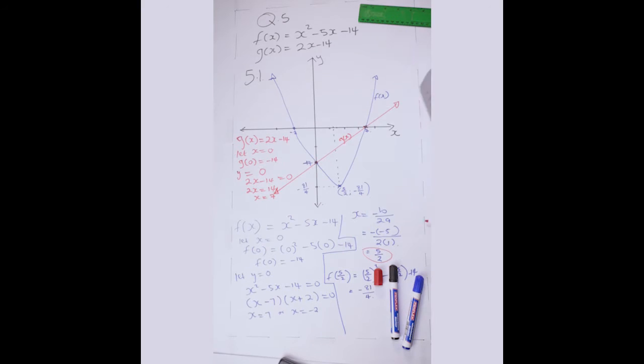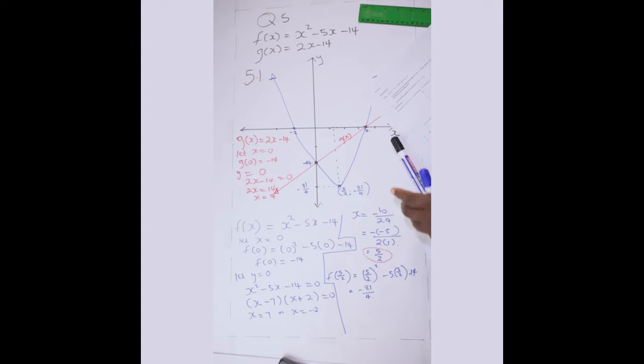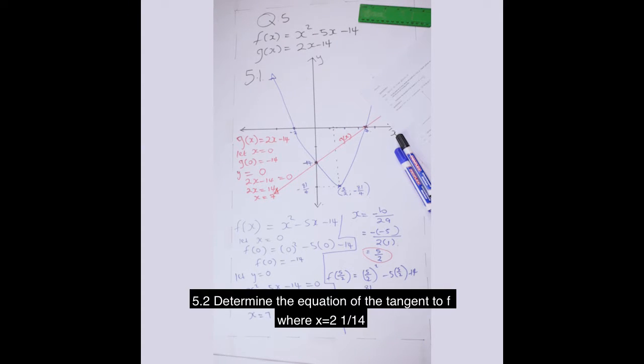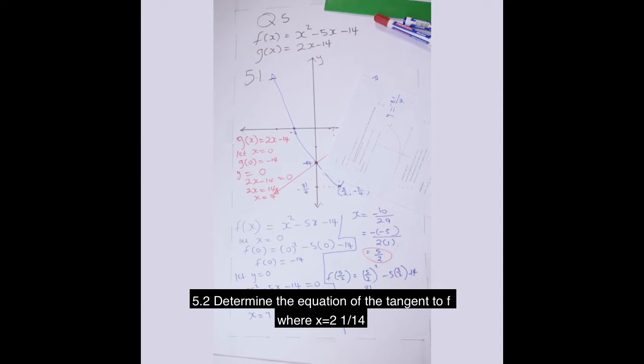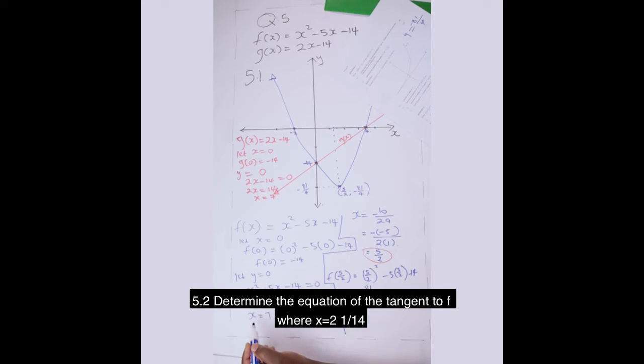Very smooth and straightforward. We are left with one question to be answered. The last question is to determine the equation of the tangent to f, where x is equal to 2 whole number 1 over 4. Okay, let's look at the solutions here.